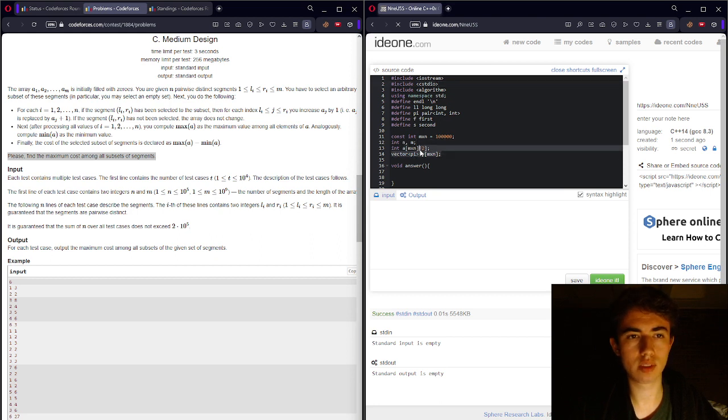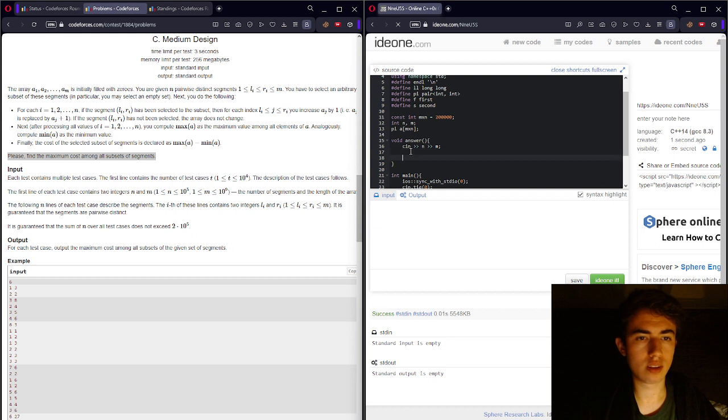Actually, it doesn't even matter. We're just going to say every left bound is a +1, and every right bound is a -1. Okay, so let's iterate through the segments that we have.